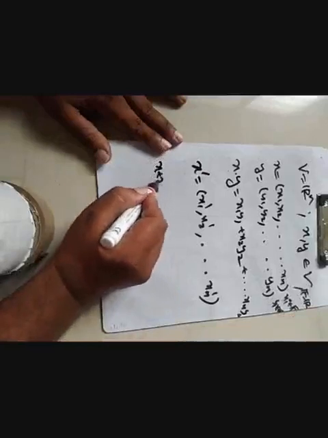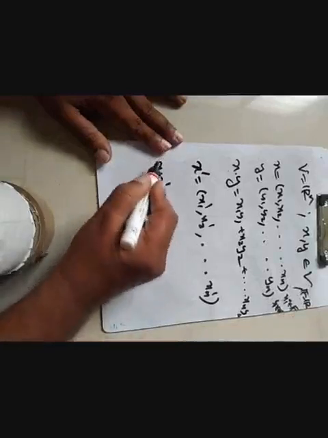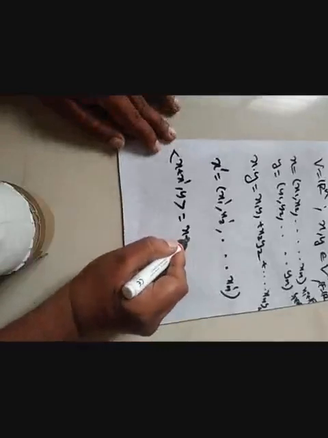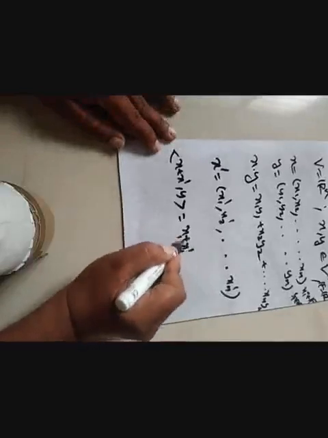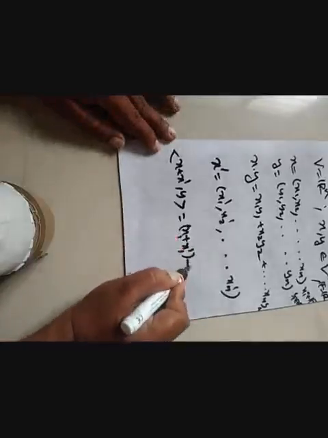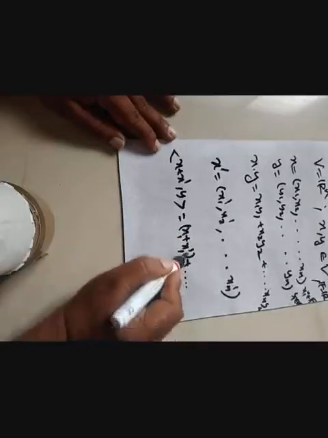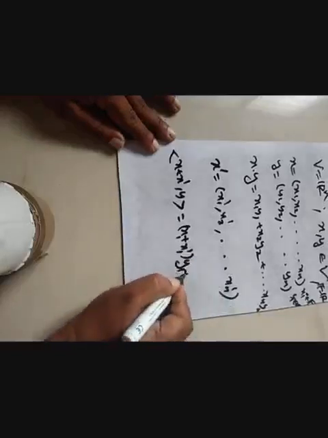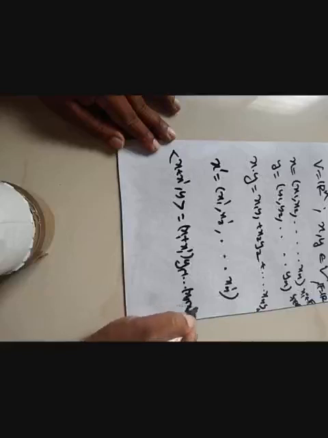Then the inner product of x plus x dash with y would be nothing but x1 plus x1 dash, and so on, multiplied with y1, up to xn plus xn dash multiplied with yn.